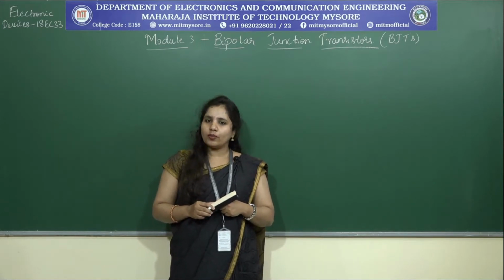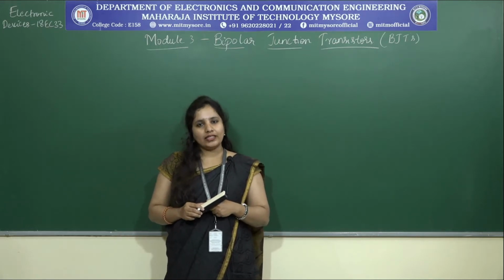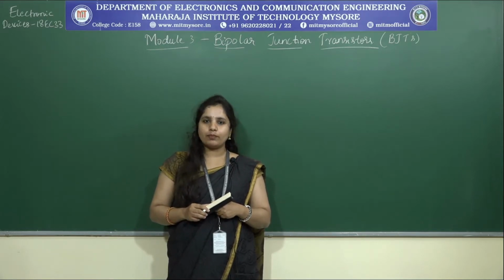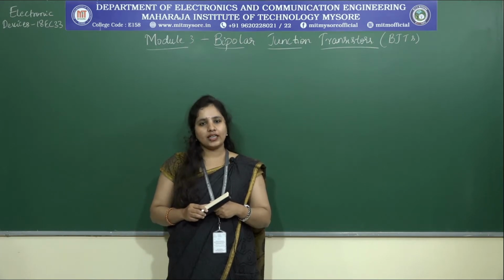What you will be understanding in this module is how the BJT is constructed, followed by the working principle of BJTs. When I say working principle, we will be mainly considering the carriers being injected and how the current flow happens in BJTs.